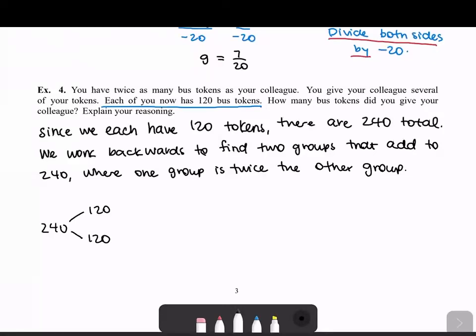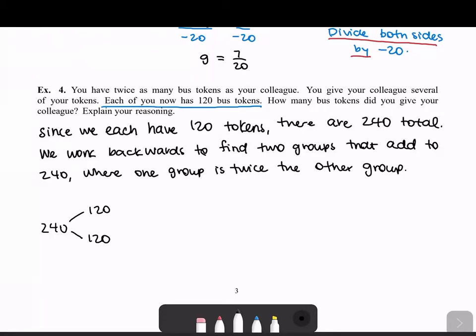And I want to change these groups slightly so that one of them is twice the other. So in order for one of the groups to be twice as big as the other group, that means we need to make one bigger and one smaller.